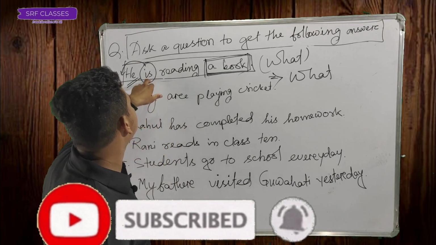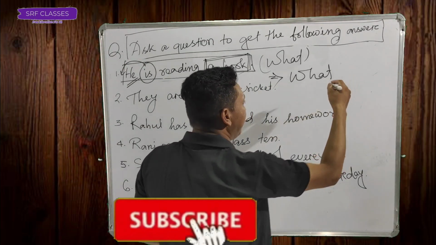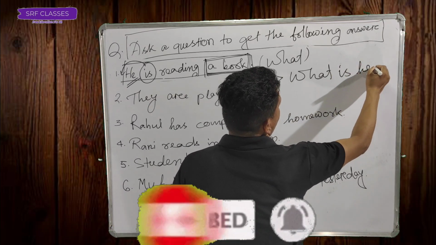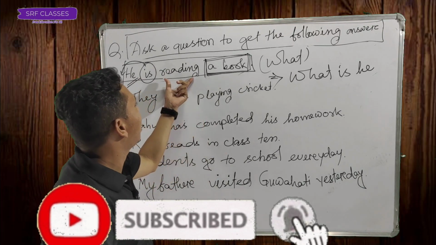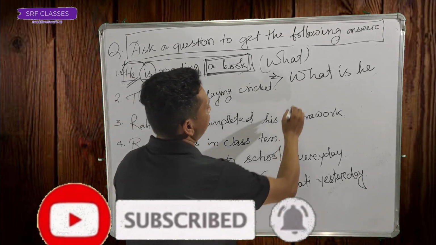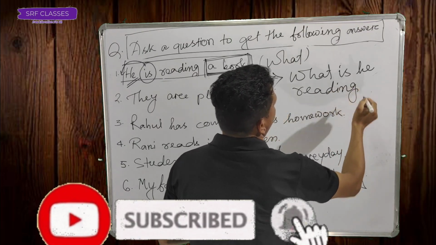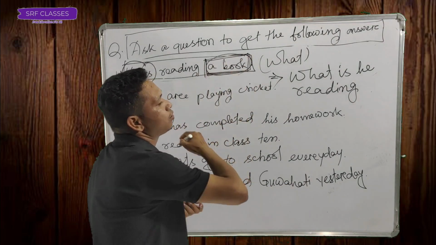So that is why the special verb will be before the subject. So that is why not he is, we will write is he. I think you have understood. And rest is reading. So we will write that. What is he reading? And this portion of the sentence was the answer.